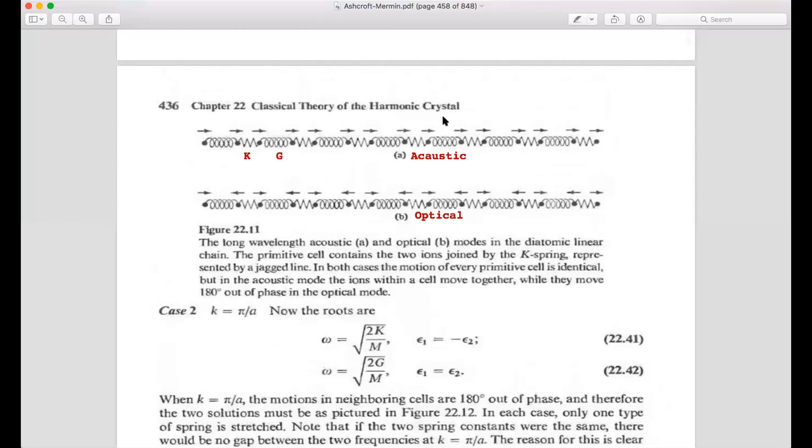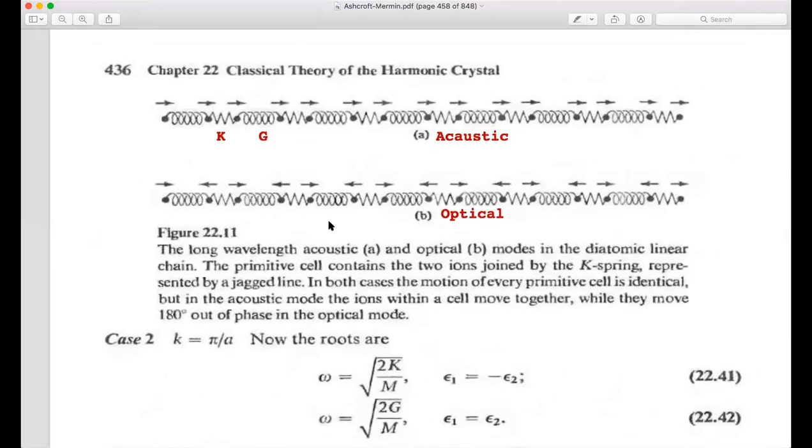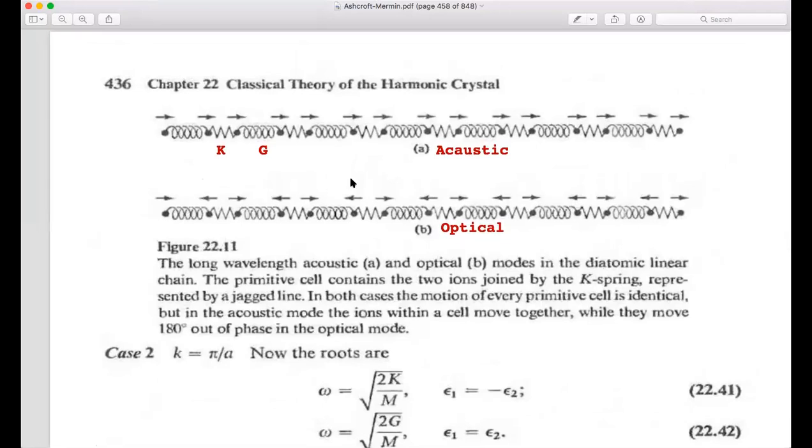All right. So here in this figure, 22 point whatever 11, we are looking at the k equal to 0 mode. What we said right now is that if k equal to 0, then all the primitive cells are in the same phase.